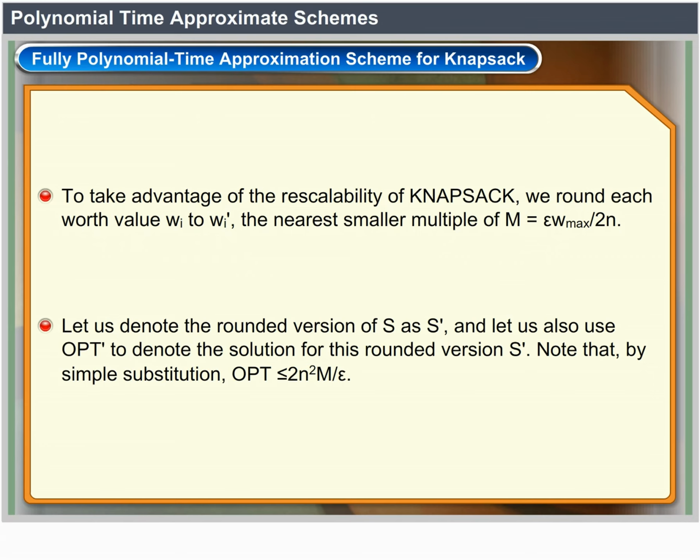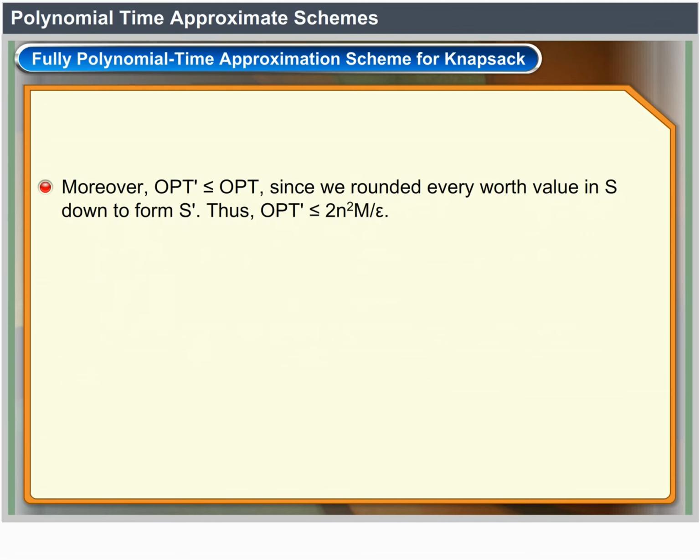Note that by simple substitution, opt is less than or equal to 2n squared m by epsilon. Moreover, opt' is less than or equal to opt, since we rounded every worth value in S down to form S'. Thus, opt' is less than or equal to 2n squared m by epsilon.